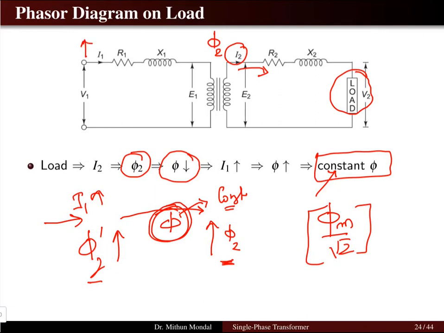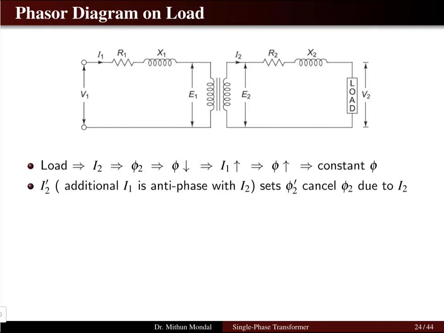So when the load increases, the current I1 will increase, and phi2 dash and phi2 will cancel out each other, and the total flux phi will remain the same. So I2 dash is basically the additional current which I can add here to produce the primary effect.